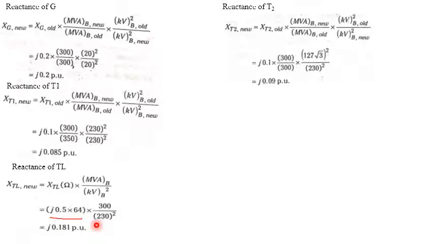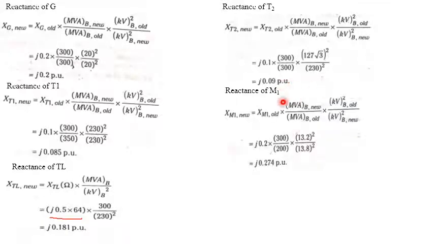Coming to transformer T2, we are going with the ST side. So 0.1 into 300 by 300, the new value and old value are the same. On the ST side it is star connected, so 127 into root 3, square of this value, divided by 230, we will get 0.09. Similarly for motor M1, same formula, 0.2, new MVA is 300 by old MVA.